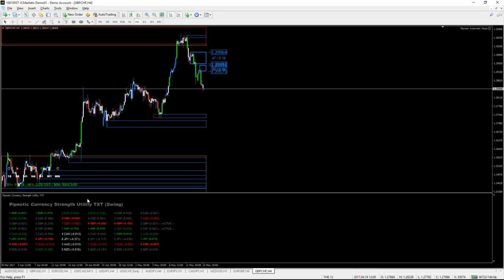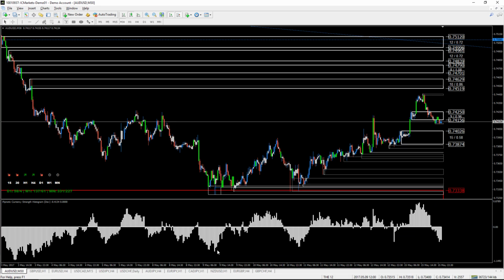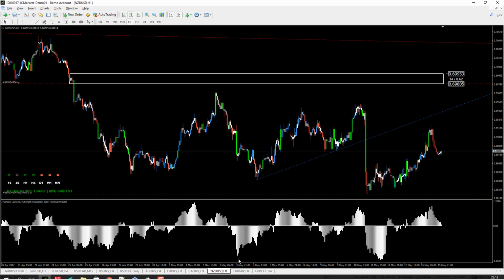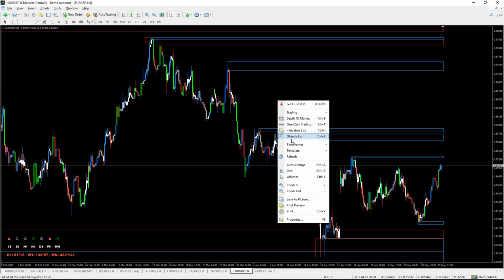Okay. So that's very briefly about the text indicator. And then we have this other one, which is a really interesting tool. Let's find a clean chart. Okay, so we have this one here, and this is remarkable because it's doing something very interesting.